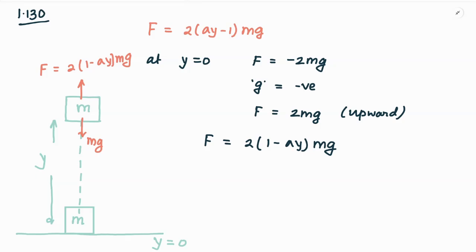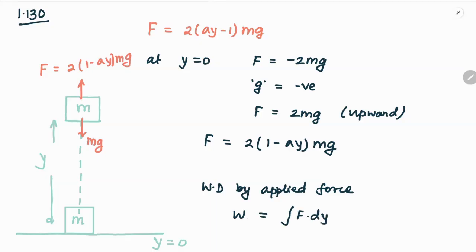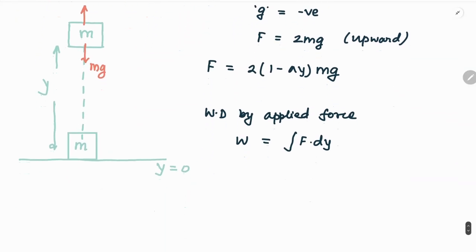So to attain a height y, the work done by the applied force W is equal to the integration of F dy, as force is changing with y, so we write it in integral form, varying from 0 to h, where h is the height attained. As it gathers the height h, the mass will also store in itself a gravitational potential energy equal to mgh.